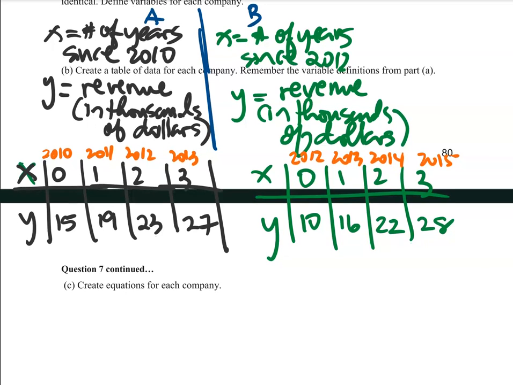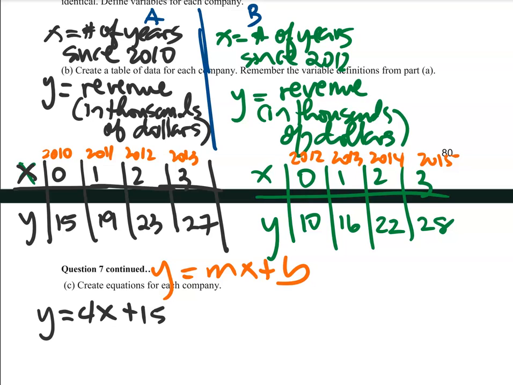Now to continue that, we are going to create equations for each company. The first one, remember, Y equals mx plus b. Company A, the revenue increase is 4,000. So we can say that this is 4x plus, and in the year 2000 they started with 15,000, so that is 4x plus 15.